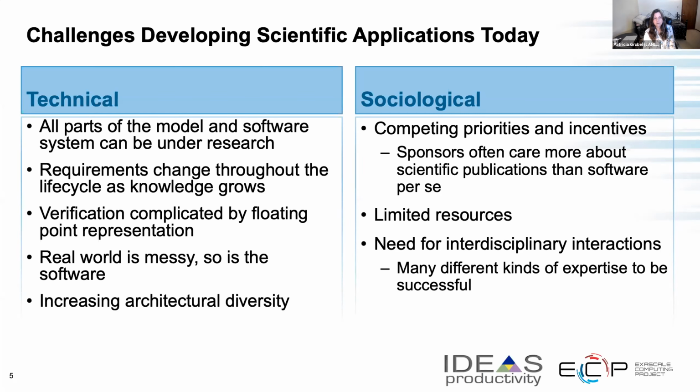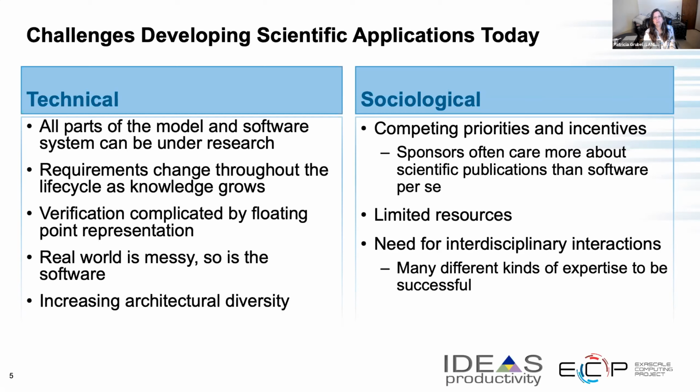And the real world is messy, and the software ends up being messy also when we're trying to model the real world. And of course, all of you know, because you're at this ECP conference, that our architecture is continually changing, and the software needs to adapt to that and use it in different ways than it was maybe designed initially. And so that also complicates the technical aspects.